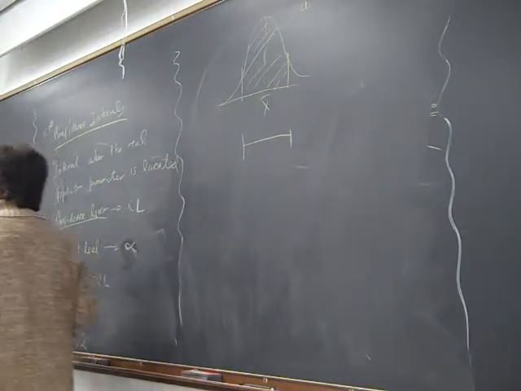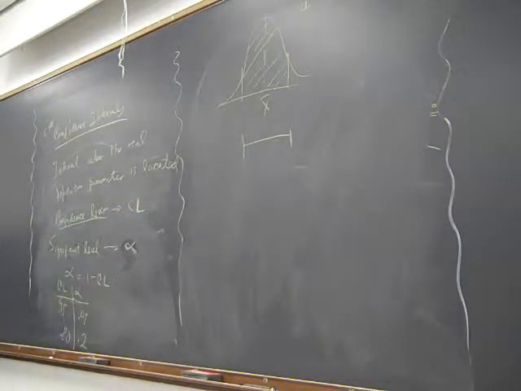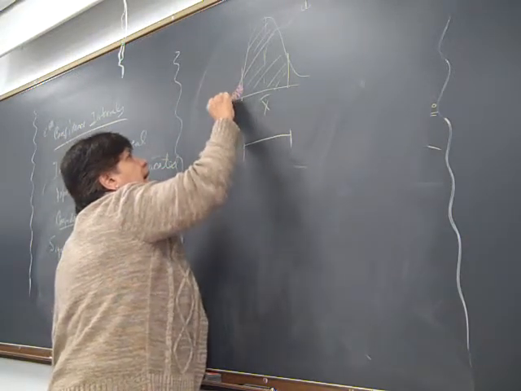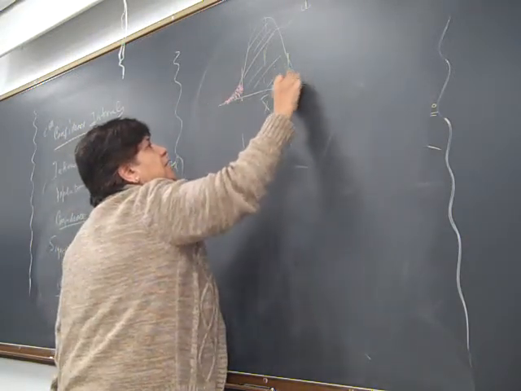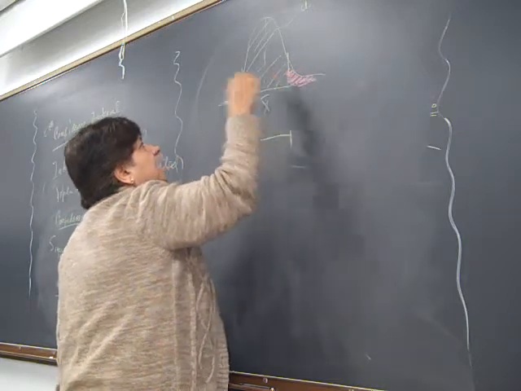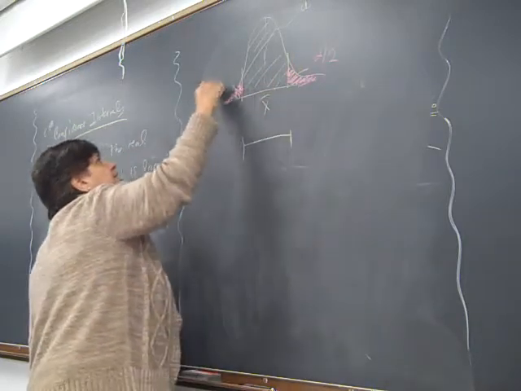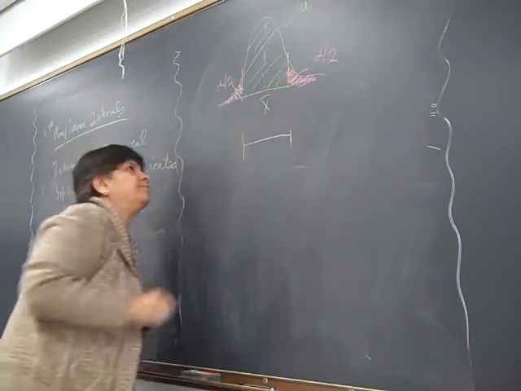And what is alpha? The alpha are the tails. The yellow, the pink one. When I add these pink ones, I have alpha, so this is alpha divided by 2, and this is alpha divided by 2.